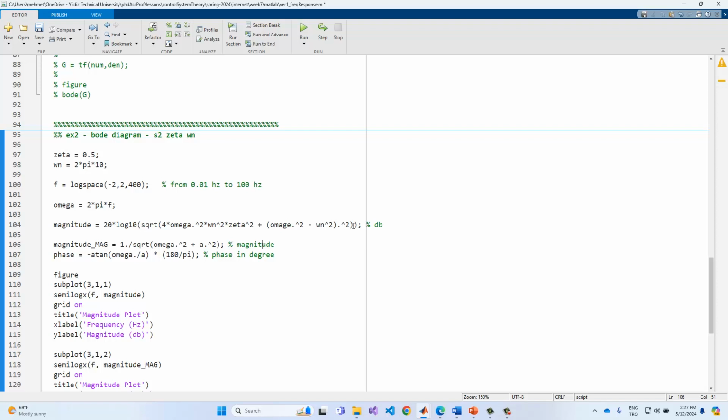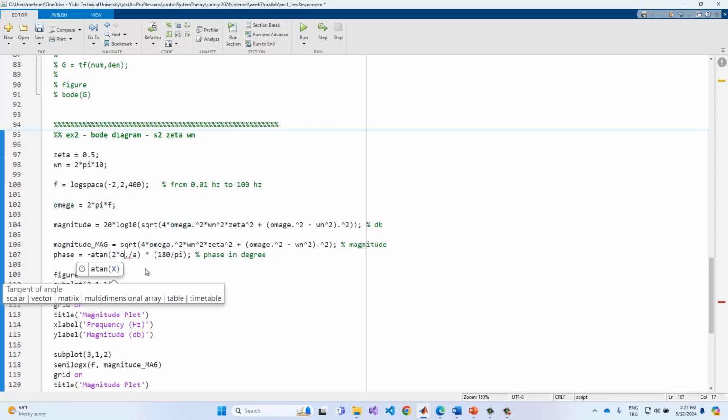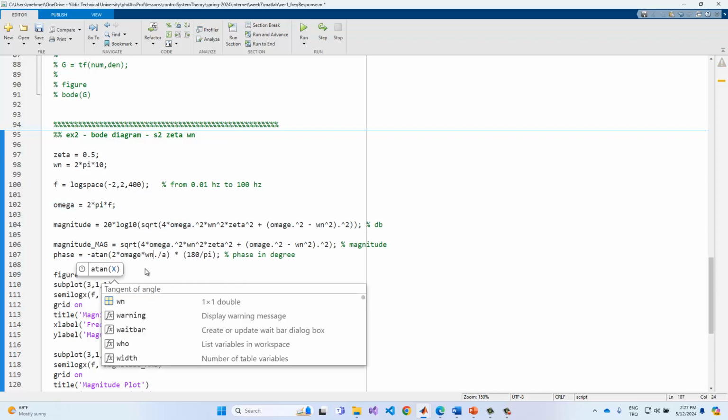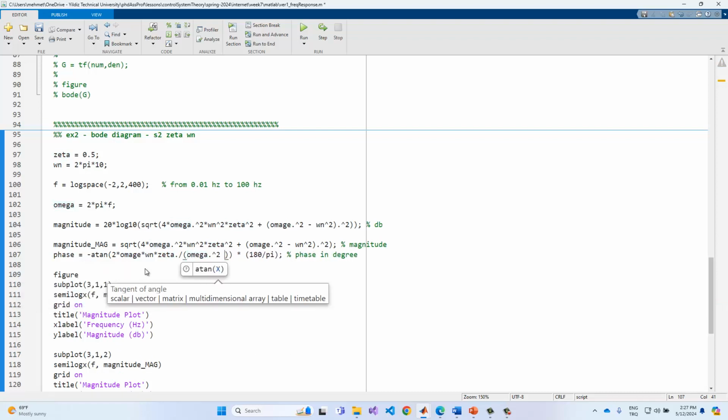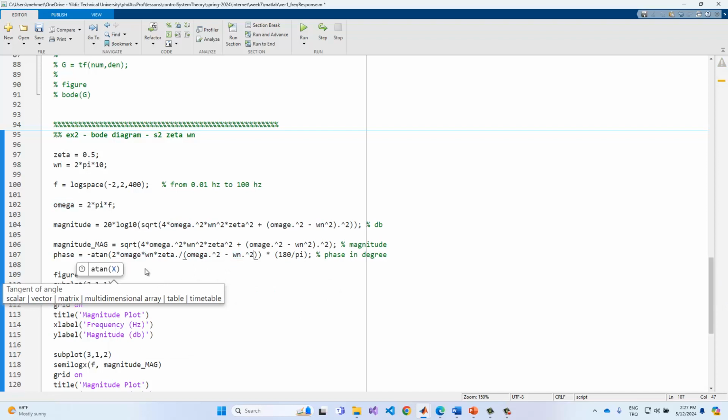These are the generation of the magnitude. And the phase should be calculated with 2 times ω times ωn times ζ, and ω.² minus ωn².